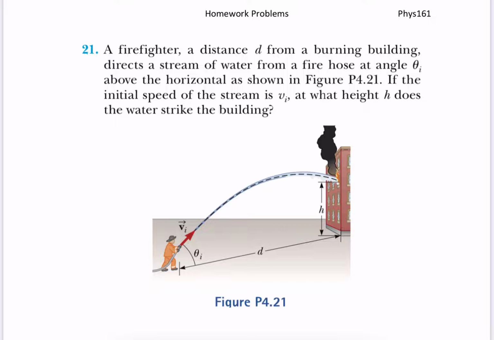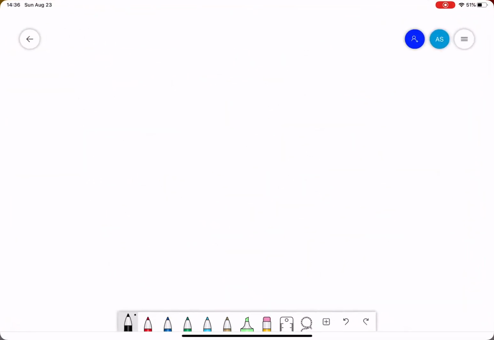Okay, now let's draw a picture which helps us understand better and can help us easily solve the problem. So here we have a fire hose which has initial velocity and an angle theta.